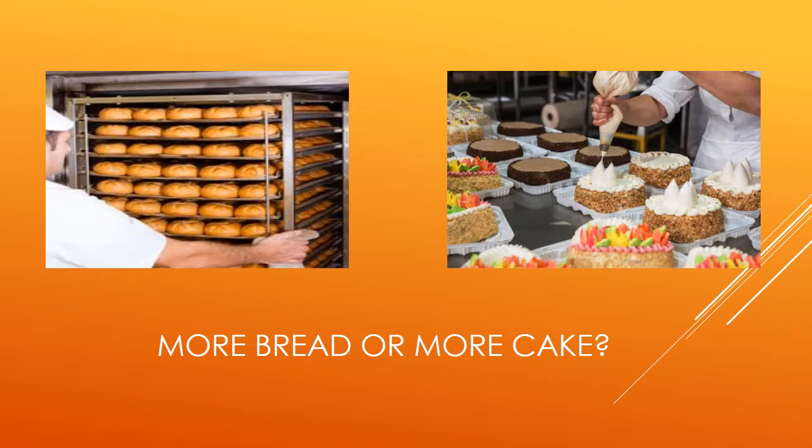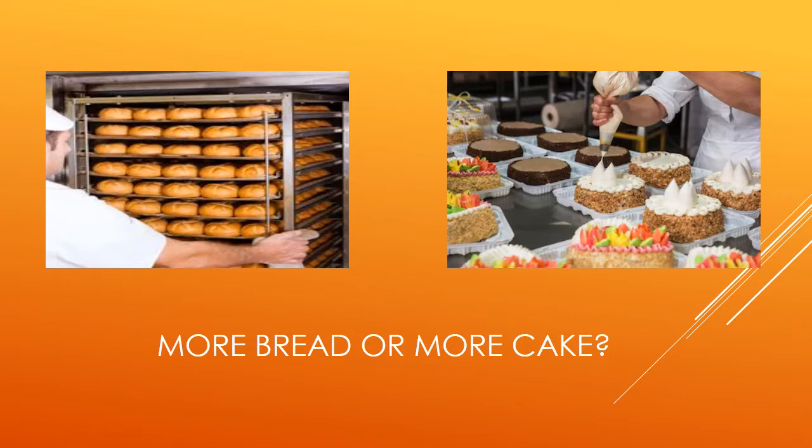So either the factory can use all of its resources and produce only bread, or the factory can use all its resources in the production of cakes, or the factory can produce various combinations of bread as well as cakes.